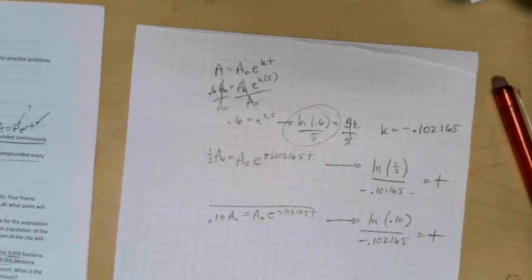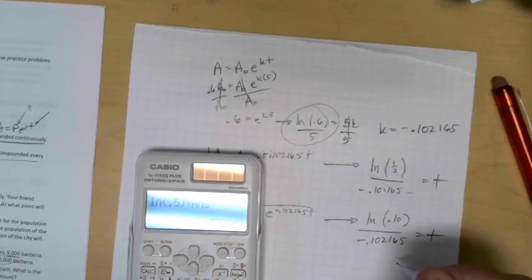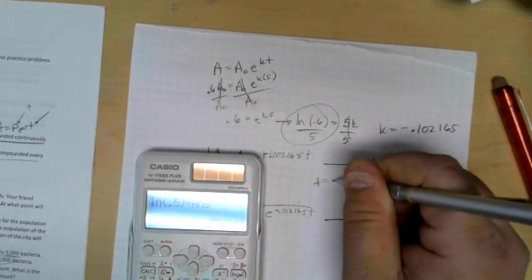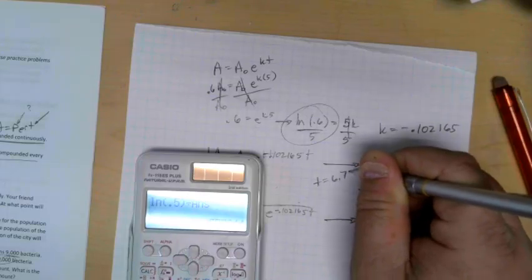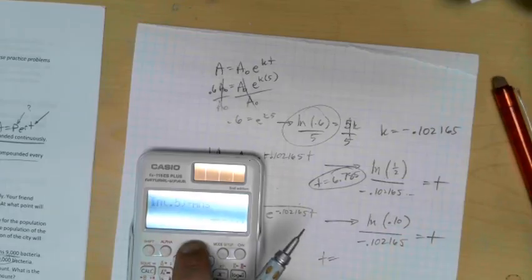That's calculator problems. So I'm going to go natural log of 0.5 divided by that answer that I just had sitting up there. So here I'm getting t equals 6.785. And here, I'm just going to go up in my calculator until I get this same thing.